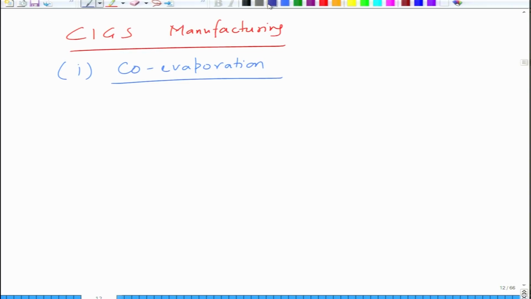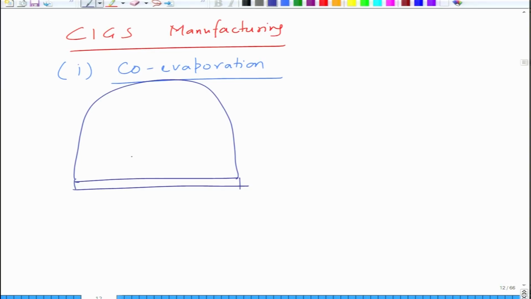So, what you do in this is you have a chamber. So, this is the chamber. You have 4 sources. So, one source, second source, third source and fourth source. They may be concentric sources basically. Let me put it this way: one source will be here, another source here, another source here, and one source here.